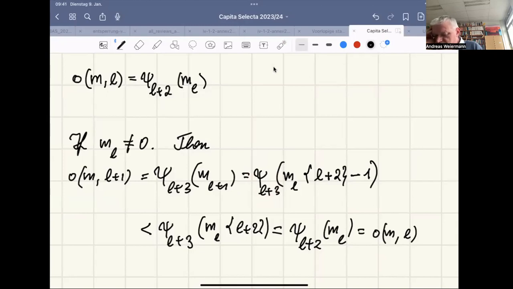So what's going to happen is if ML is not yet 0, then I get a decrease in my ordinal function. Now this cannot continue forever. At some moment, we have to stop.